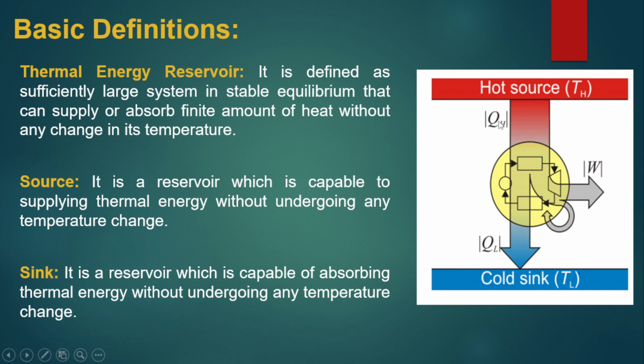Some part of this heat, in real conditions, is converted into work by the heat engine, and the remaining is rejected to the sink. The QL amount of heat is rejected by the heat engine and absorbed by the sink, with no change in temperature of the sink.